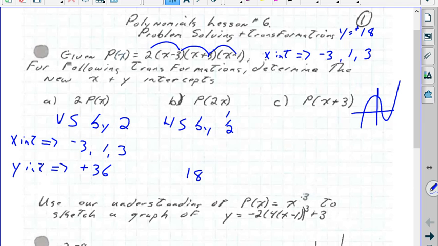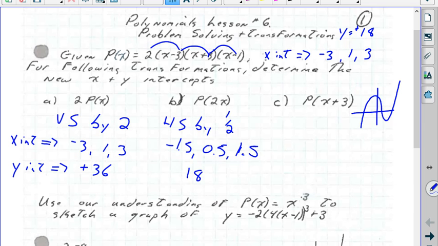My x-intercepts are going to be -1.5, 0.5, and positive 1.5, because I'm multiplying each by 1/2.